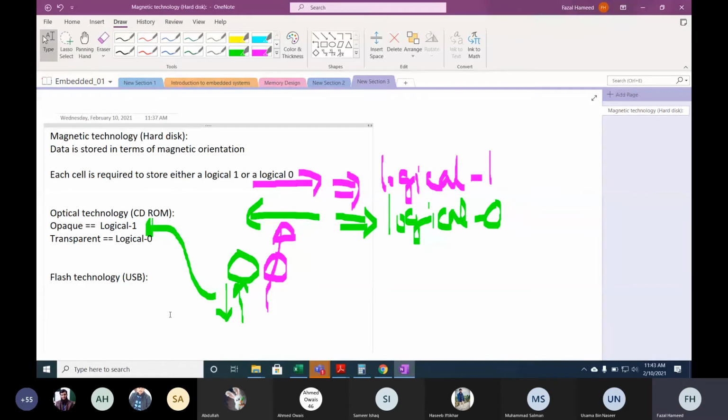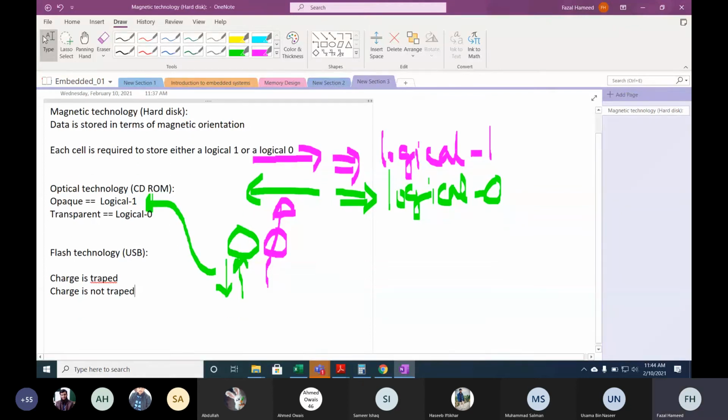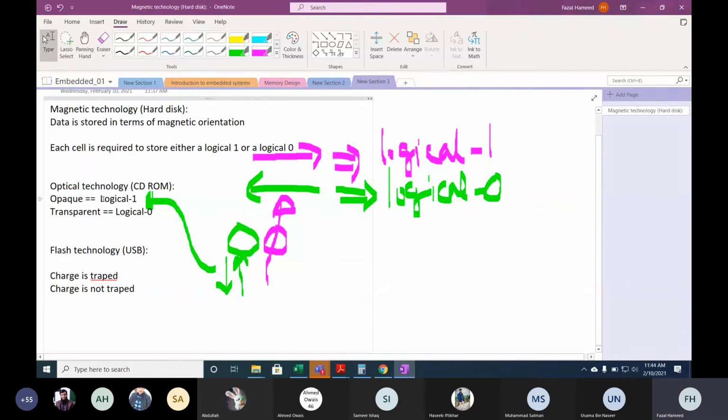You will study this in more and more detail. There are actually two types of states: when a charge is trapped and when a charge is not trapped. One state can be used to store a logical one, and the other state can be used to store a logical 0.